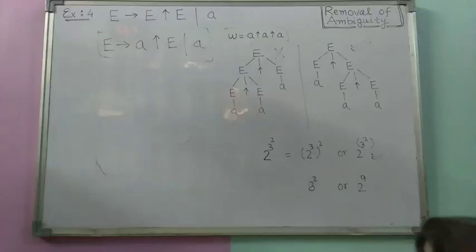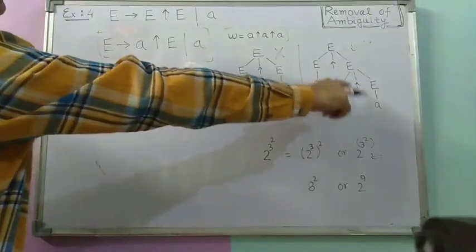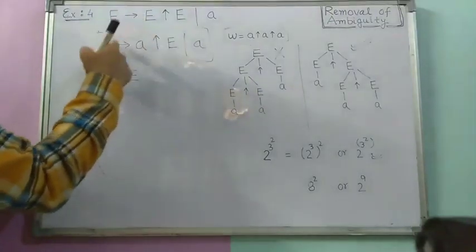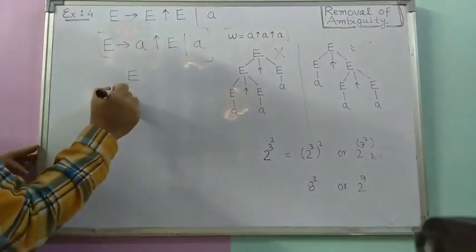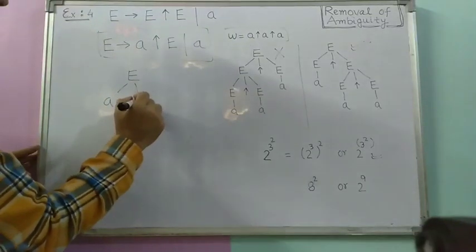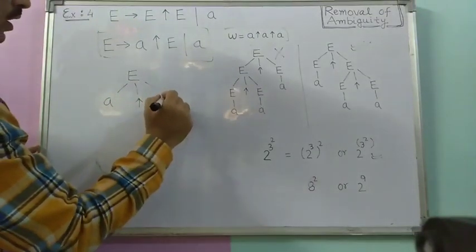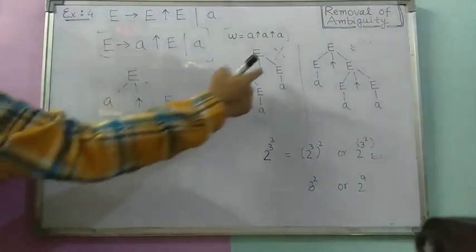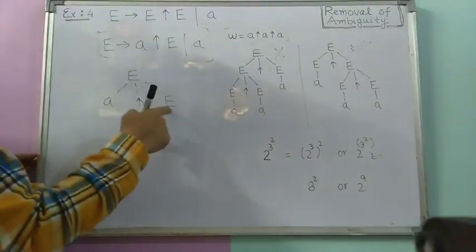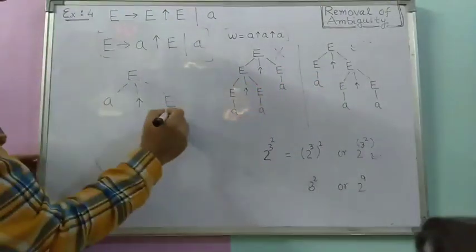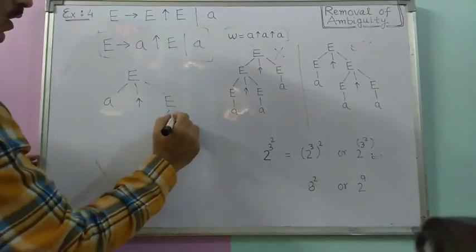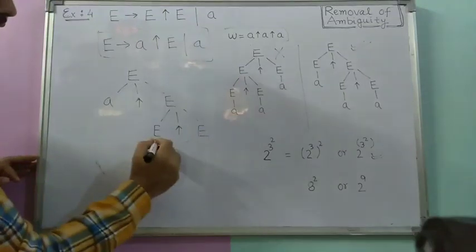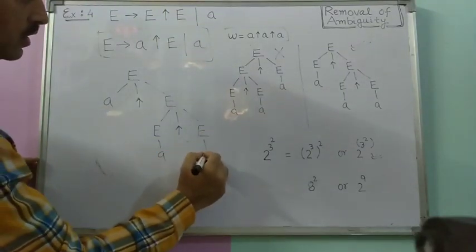Now through this grammar we will be able to generate only the tree of this particular form. Just look here, from E we will start. We are bound to take a ^ E, and then here is a, so we cannot expand in this direction as we did before. We are bound to expand this one as we did there: E to a ^ E, then this E by a, and then this E by a.